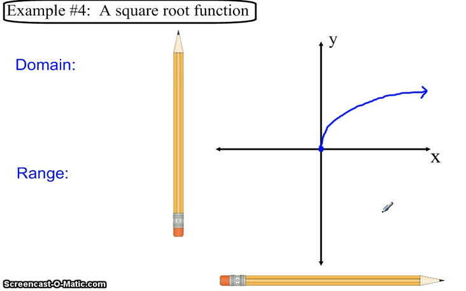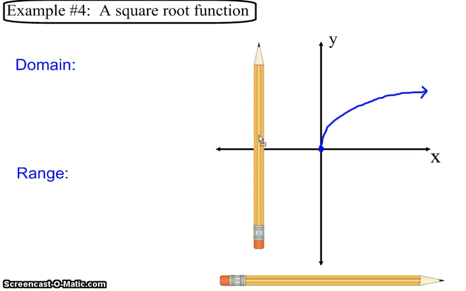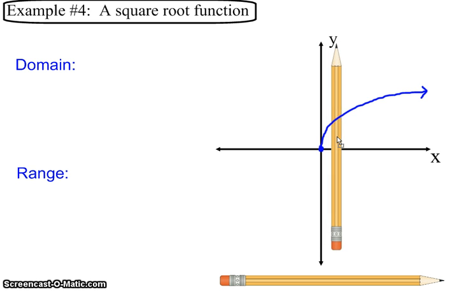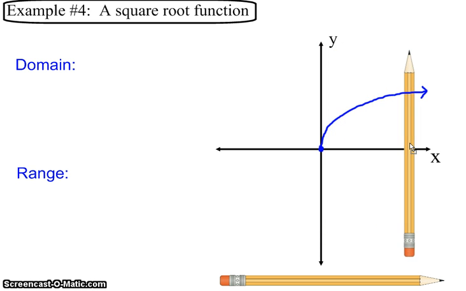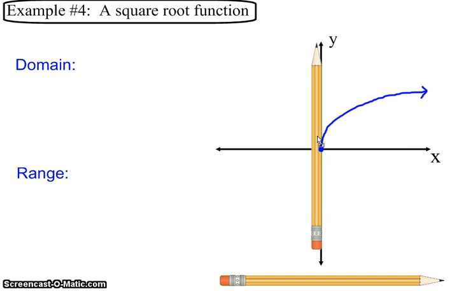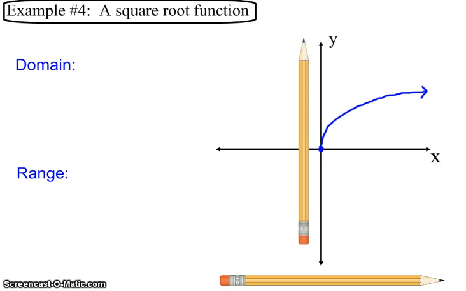Now the domain, all the possible x values, well, I'll take my pencil going this way, and I don't hit the graph until I get to an x value of 0. So the low point for the domain is 0, and I can keep going towards the right, and it's going to go towards infinity in the x direction. So we're going from 0 to infinity.